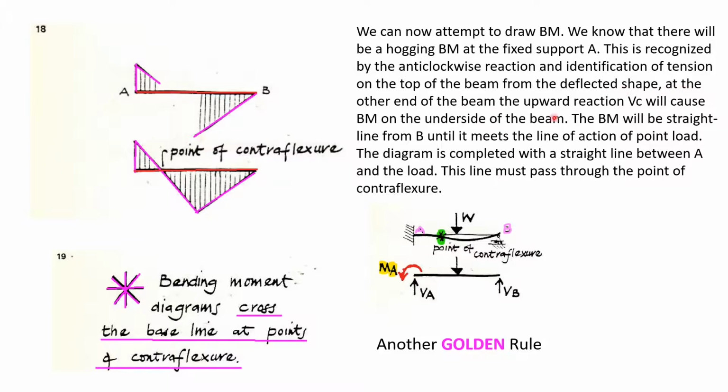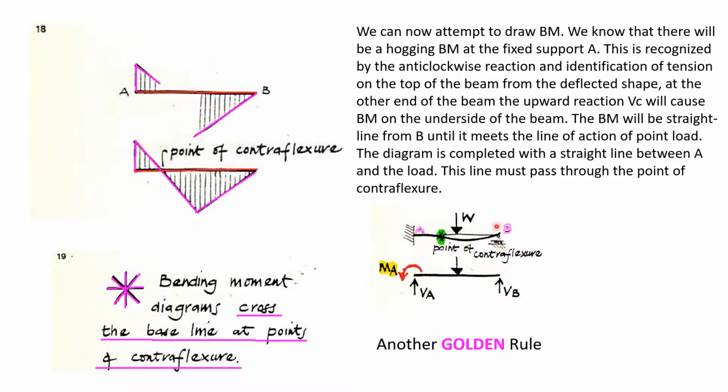This is recognized by the anti-clockwise reaction and the identification of tension on the top of the beam from the deflected shape. At the other end of the beam, because of this upward reaction, VB will cause bending moment that creates tension on the underside of the beam. The hogging moment causes tension on the top of the beam.